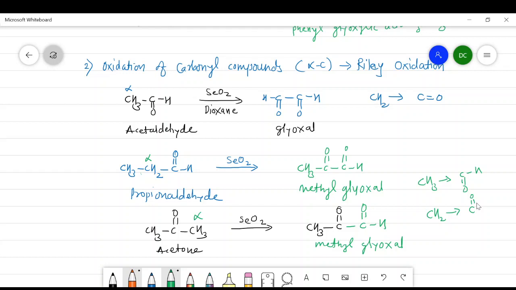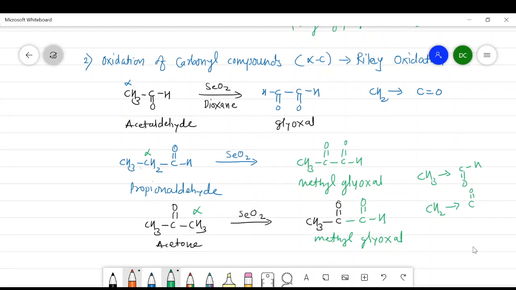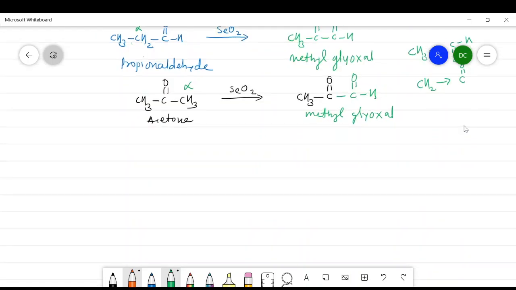We will take the examples of active methylene compounds as well as cyclic compounds. Now, let us consider diethyl malonate. It is also a carbonyl compound, but it has a diester group.